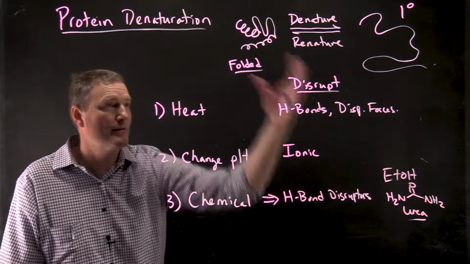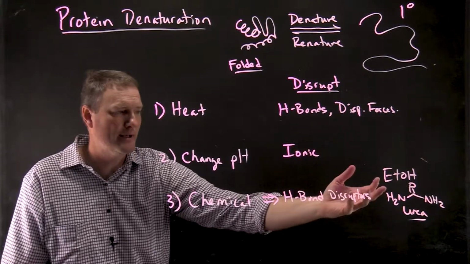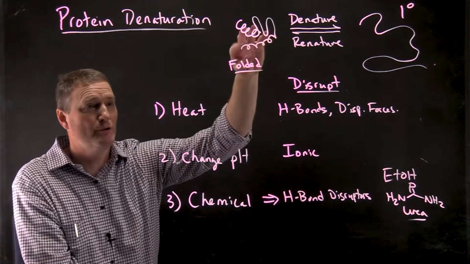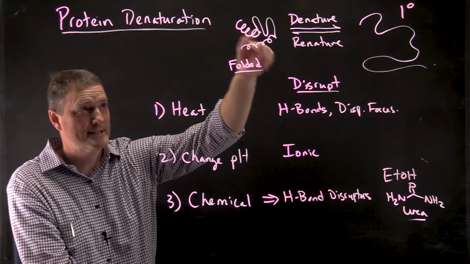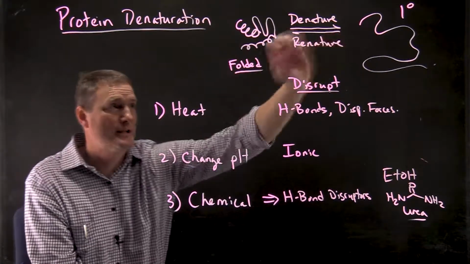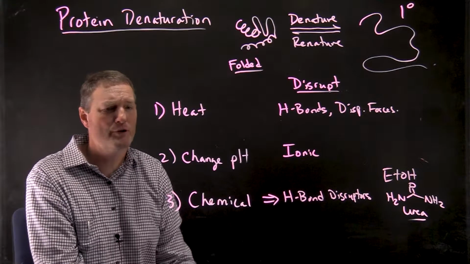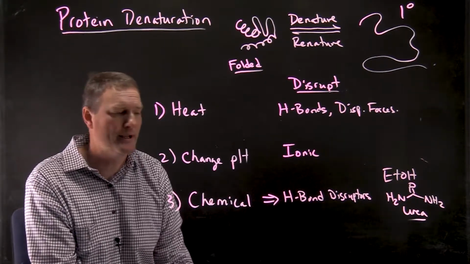So if you were to have a sample of protein and introduce either, say, ethanol or maybe urea, what these will do is they will tend to slip into the folded parts and sort of compete with the hydrogen bonds that are in the folded part and essentially convert these into unfolded random coil. So those are hydrogen bond disruptors, alcohols or this compound urea.